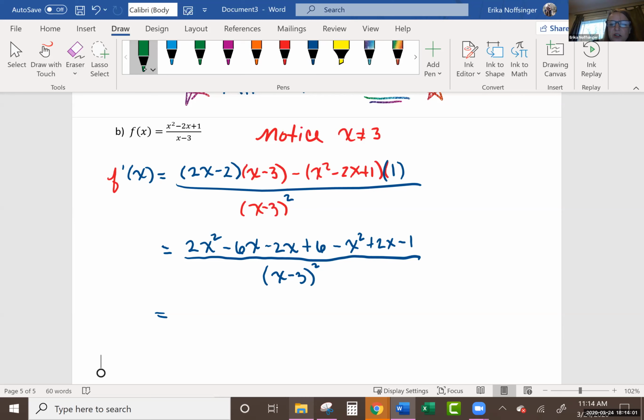So combining like terms, looking at all my terms that have x squared in them, I have a 2x squared minus a 1x squared is x squared. Looking at all my terms with just a single x, I have a negative 6x minus 2x is negative 8x. Negative 8x plus 2x, so that gives me minus 6x. And then I have positive 6 minus 1, so this is plus 5, all over my denominator, x minus 3 quantity squared.